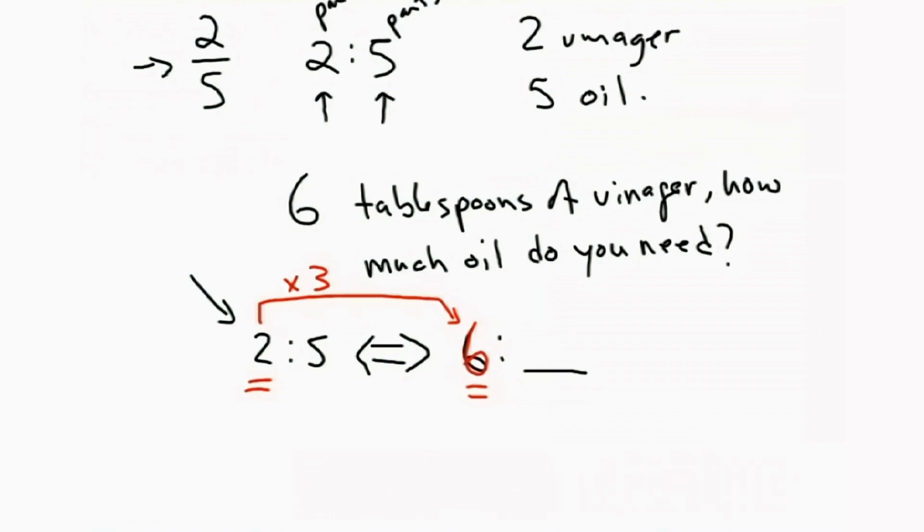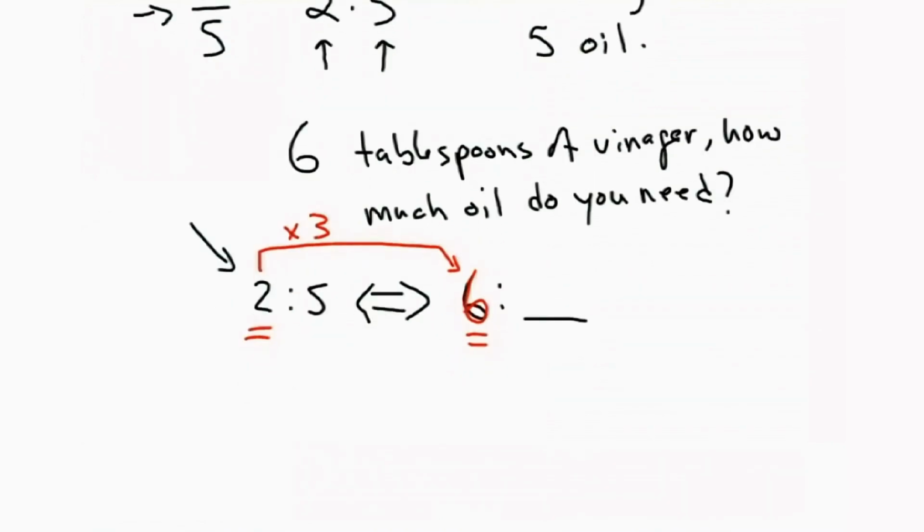So if we multiply 2 by 3 to get 6, then we have to multiply the 5 by 3 as well, and 3 times 5 is 15. So if we're making salad dressing that requires 6 tablespoons of vinegar, then we will need 15 tablespoons of oil.